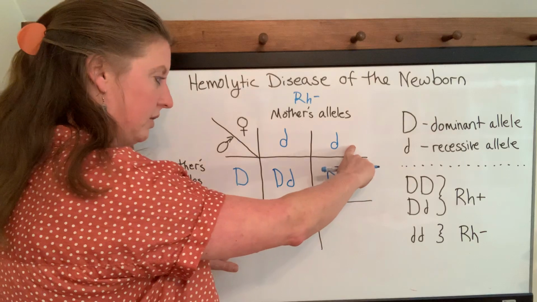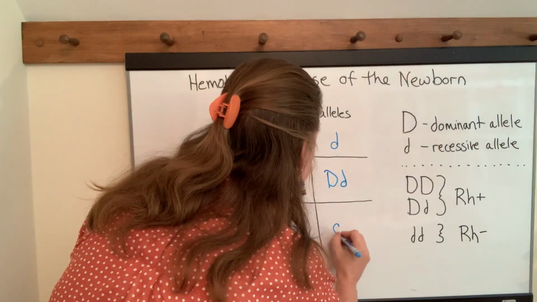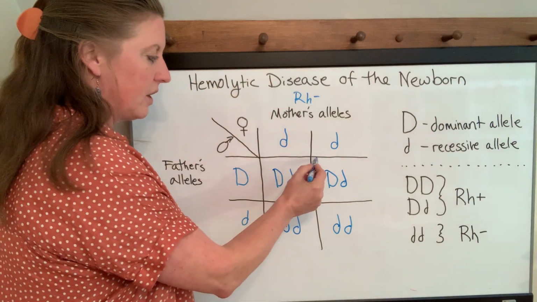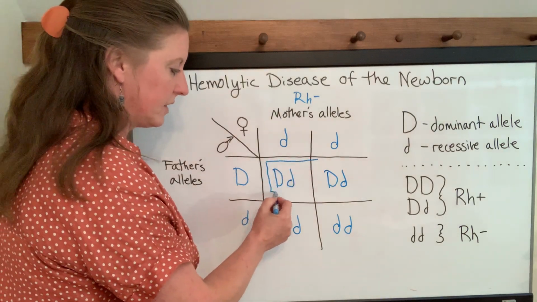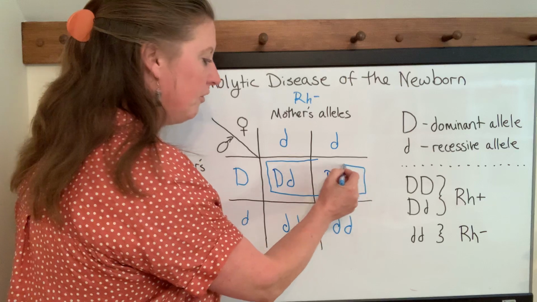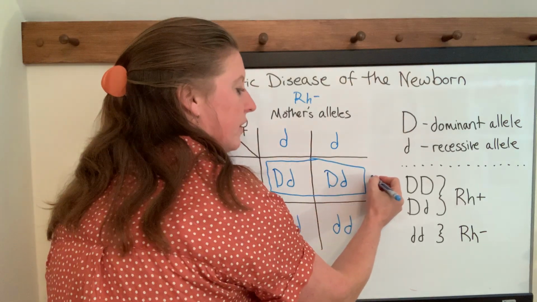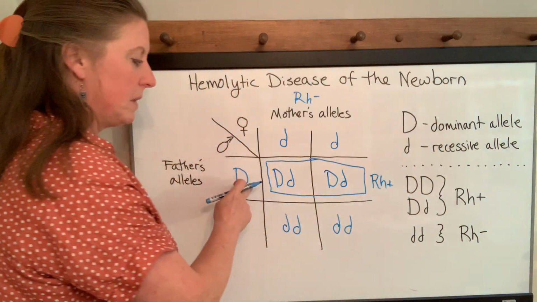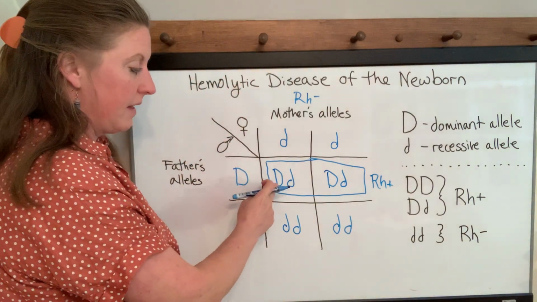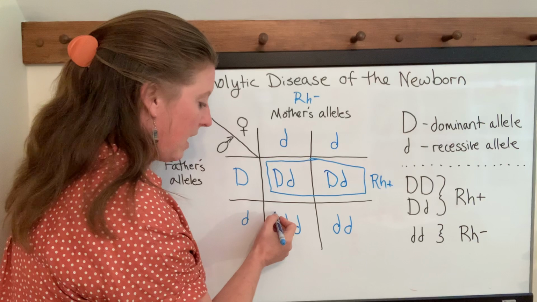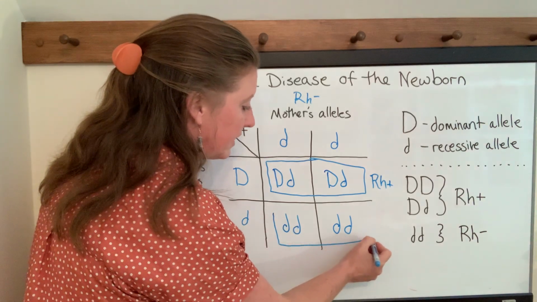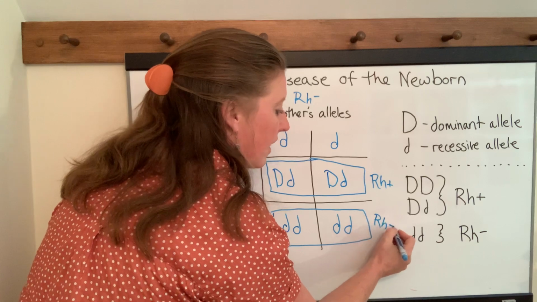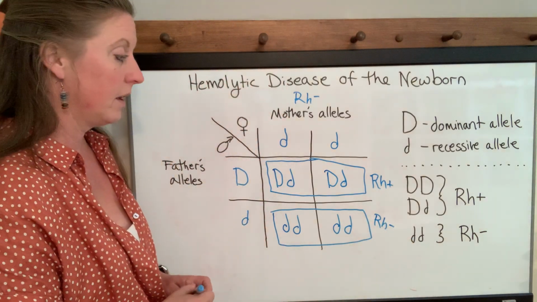And in this square, little d from both parents. So what this means is that the offspring have a 50-50 chance of being Rh positive. So if the offspring inherits the big D from their father, then they'll be Rh positive. If they get the little d from their father, then they'll be Rh negative.